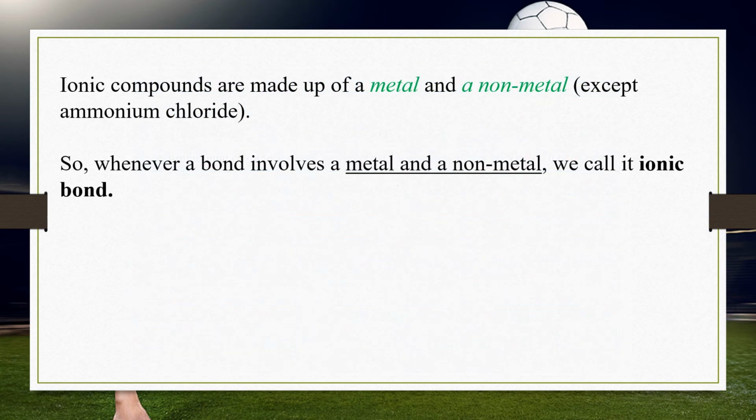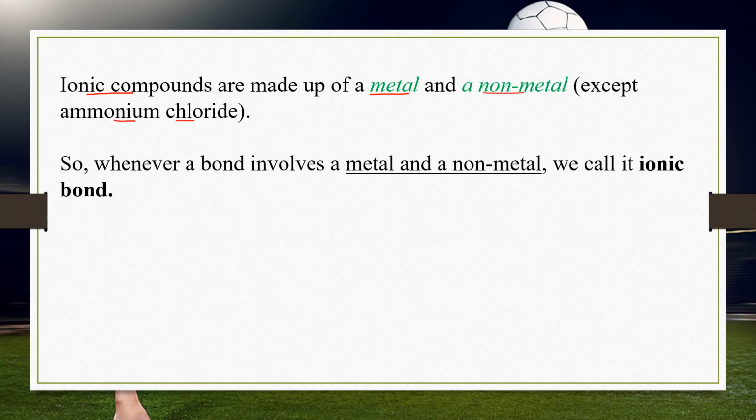One thing you might have noticed on our previous table is that we were mainly dealing with metals and non-metals. However, we have some ionic compounds that are made up of non-metals only. But in most cases, ionic compounds will be made up of a metal and a non-metal, with the exception of ammonium chloride. Feel free to go back and see ammonium chloride.